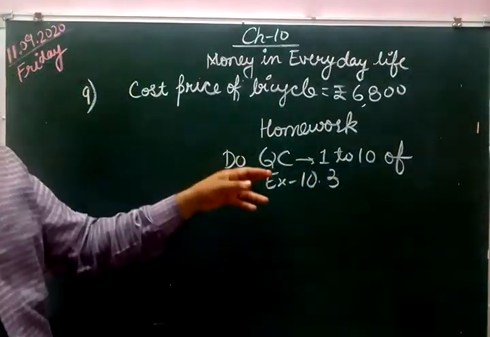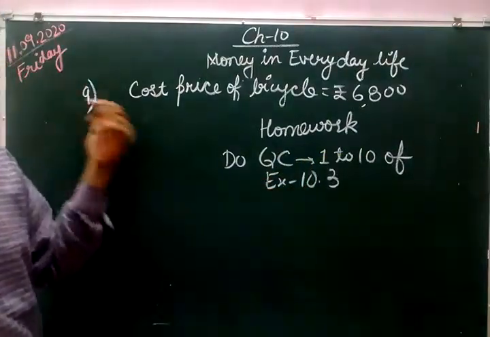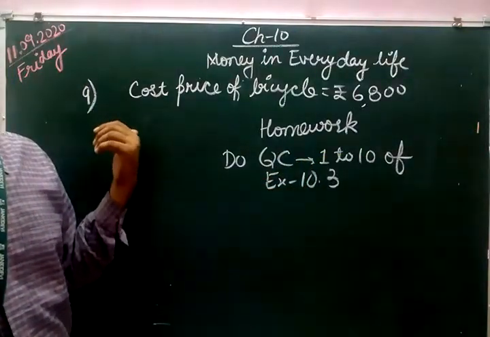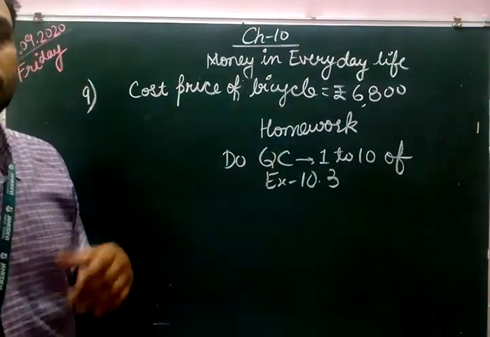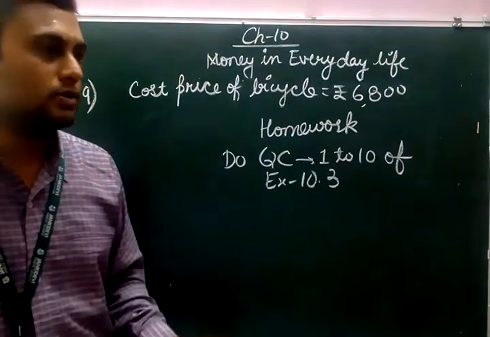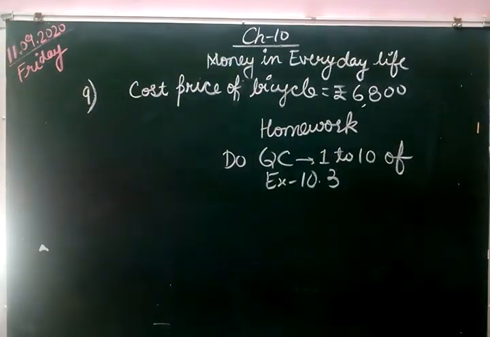You have to do question C. Question C consists of 10 questions, 1 to 10 of exercise 10.3. 1, 3, 5, 7, 9, I have done on the board, so it will be easy for you to do the other questions also. So this is the homework for today. Thank you students.